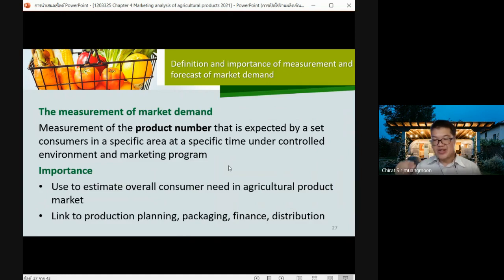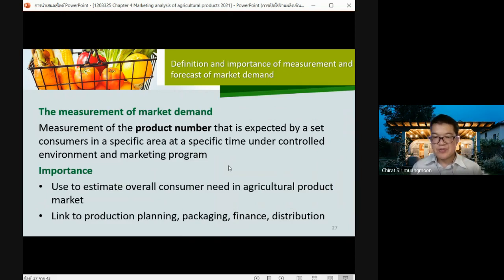Like for me, I might expect organic fruit in Chiang Rai. So I might think, okay, how am I going to evaluate them? I might set this year, like 2011.